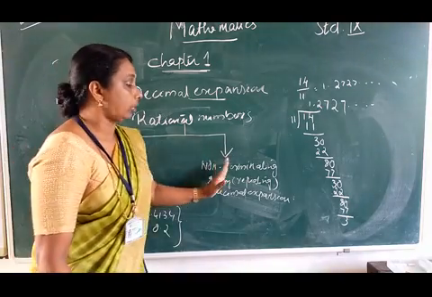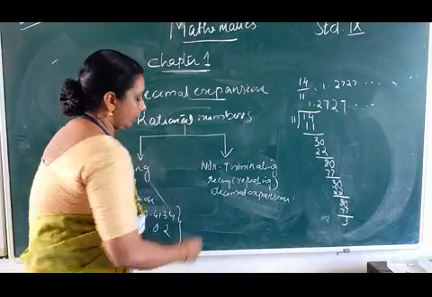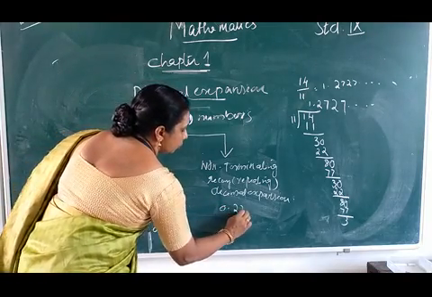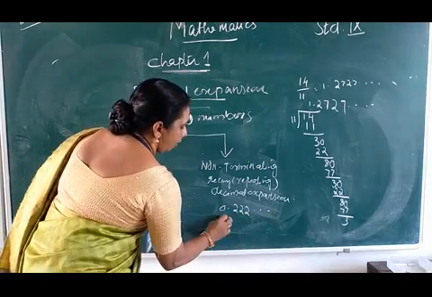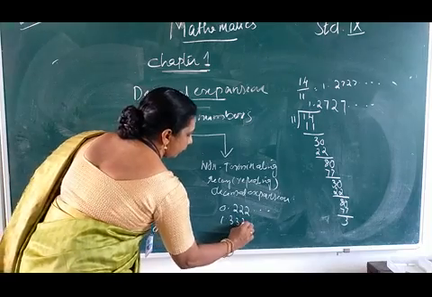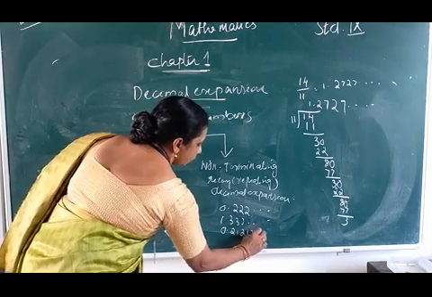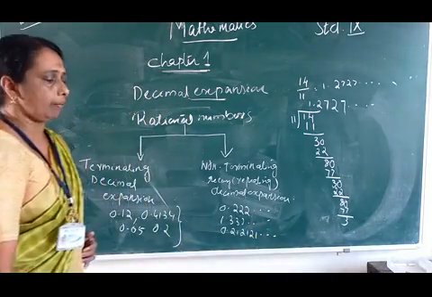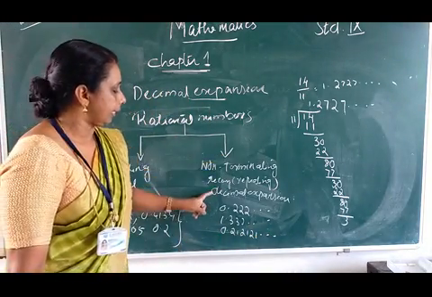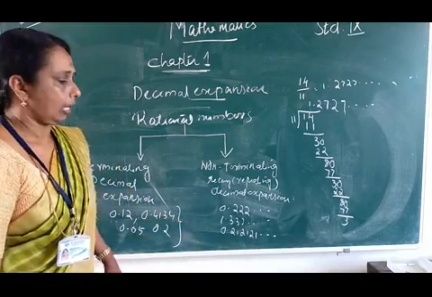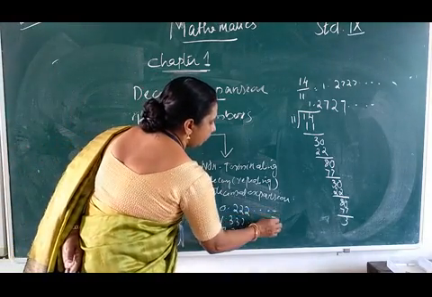What are the examples of non-terminating recurring decimals? That we can ask: 0.222, etc., 1.333, etc., 0.2121, etc. These are the examples of non-terminating recurring decimals. Here we have to put the bar.